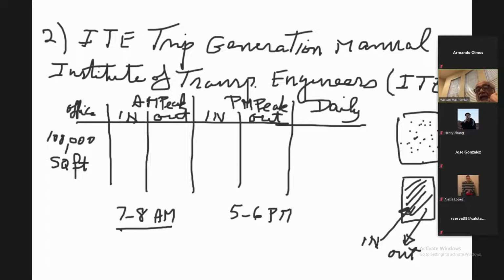And that is per 1,000 square feet. So for instance, I might have maybe 6 going in and 2 coming out, which means what? This is per 1,000 square feet. So I have 100,000. So that means 600 going in and 200 coming out.